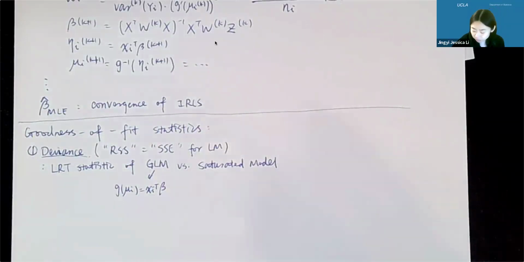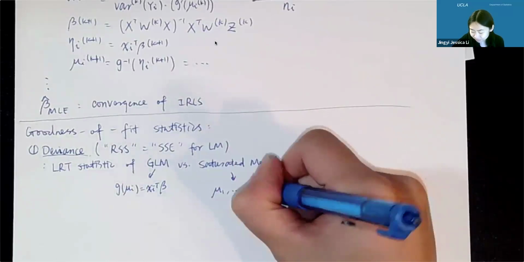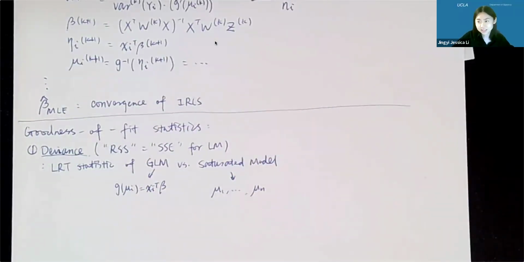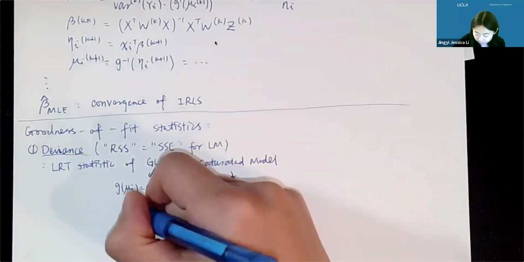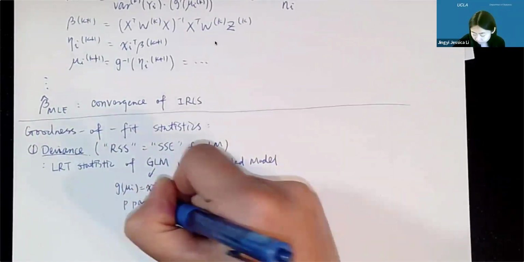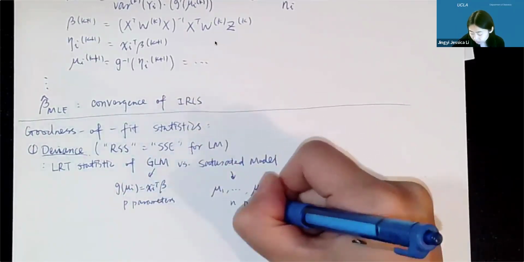But in the saturated model, you don't have this information sharing to tie your mu_1 to mu_n together. You keep them as separate parameters, mu_1 to mu_n. That's the difference. So how many parameters do you have? N parameters, while over here you have only p parameters.